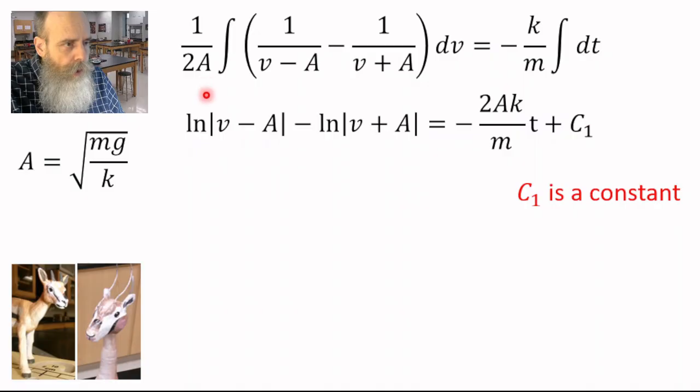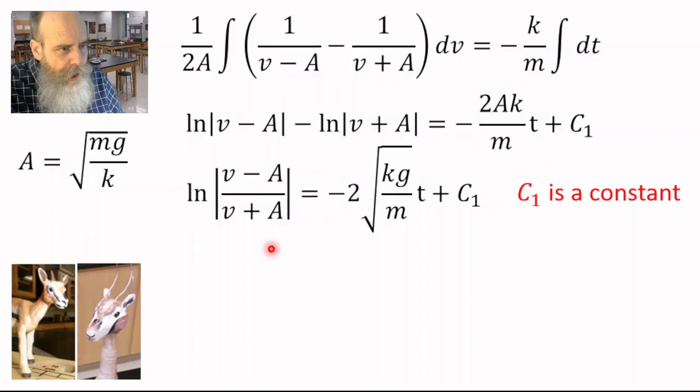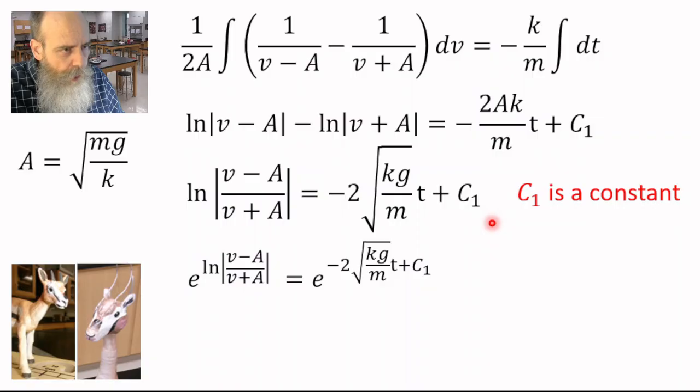Note, when we do the ln function, we're taking absolute values. That will become important later. Let's simplify some more. ln of v minus a over v plus a equals negative 2 square root kg over m times t plus c1. And we want to get rid of the ln, so we take e to the ln, and e to the negative 2 times this.